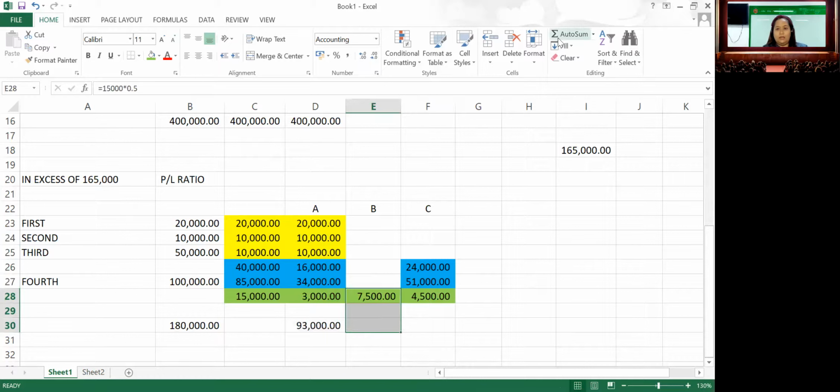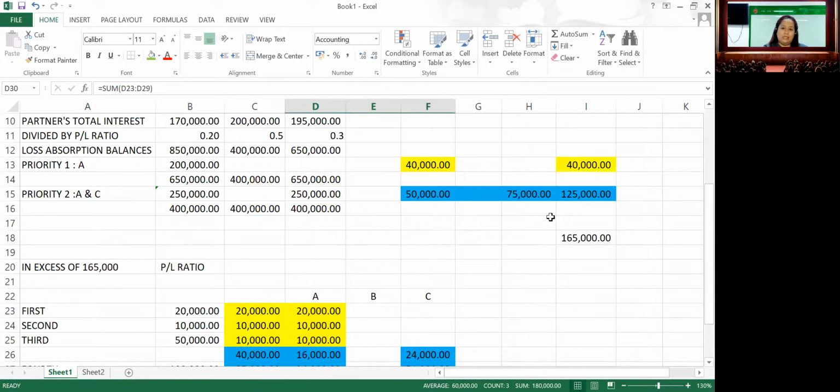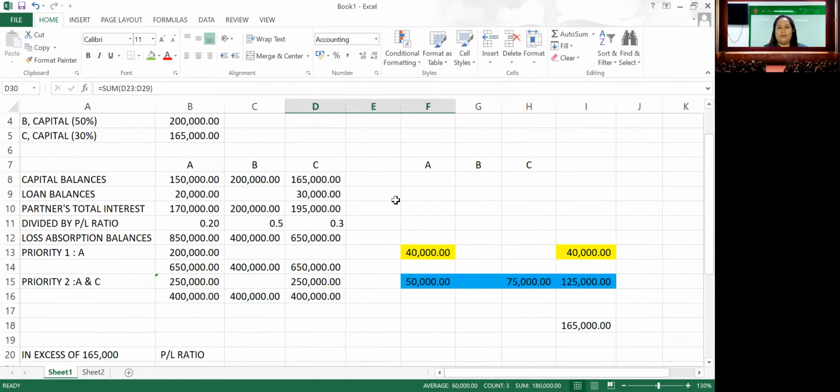Kay B, 75. Kay C, 79,500. For a total of 180,000. And that is how you distribute whenever there is a cash available. And that is based on the cash priority program.